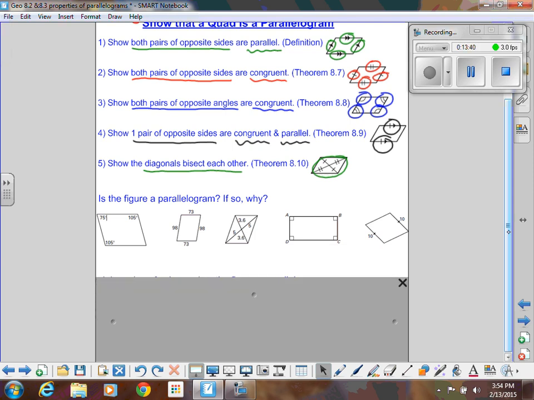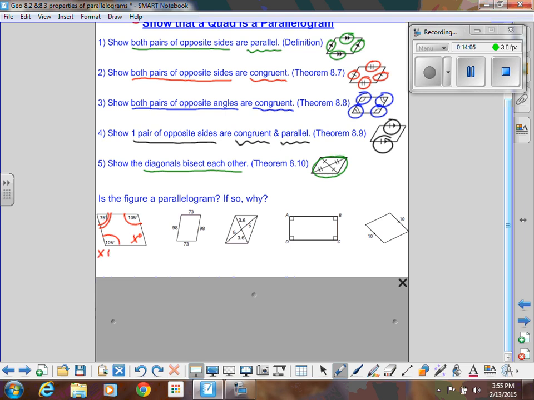In this first one, I definitely have 1 pair of opposite sides congruent, but I don't have both pairs. This is 75, but I don't know what this one is. So at first glance, it might be like, oh, we don't know if that's a parallelogram. However, remember in last class we said the interior angles of quadrilaterals always add up to 360 degrees.